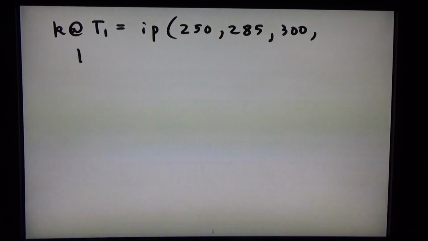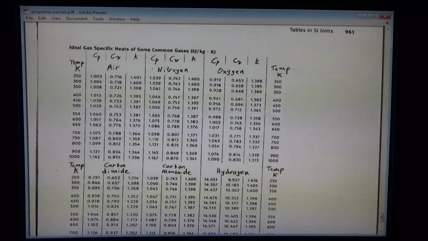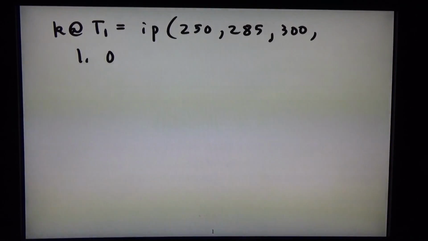So we have 250, our value is 285, 300 was the other table value, then we add 1.401, and 1.400.